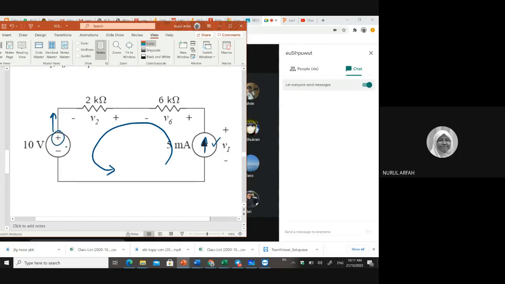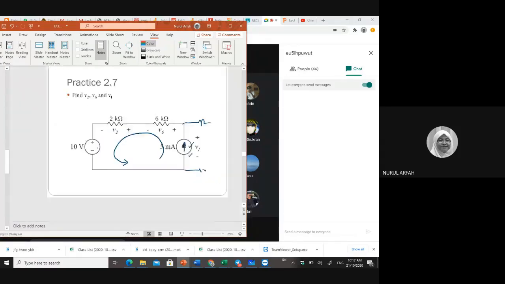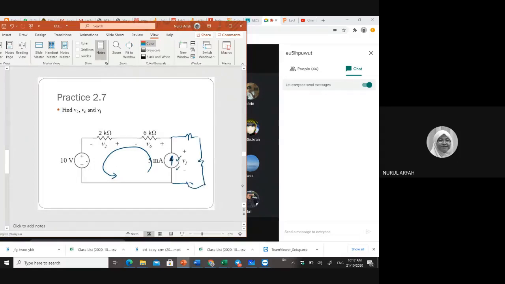If you have a current source, follow the current source. Unless we have another circuit here, then that's a different story. Then you have to use your own imaginary current. Later on, we will have an example for that.